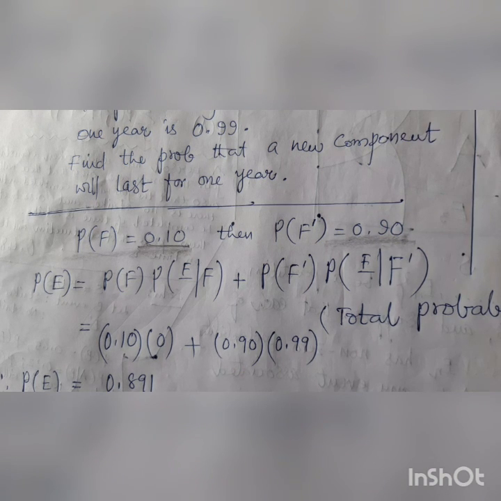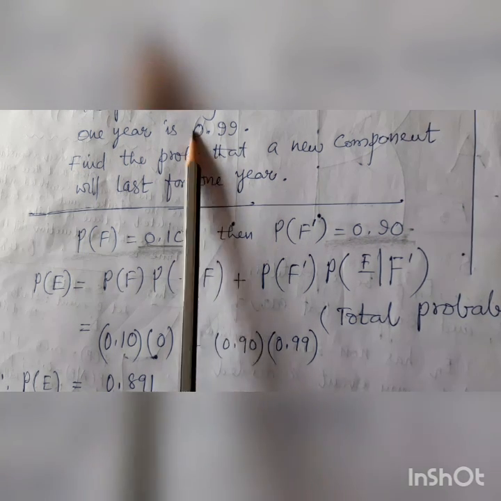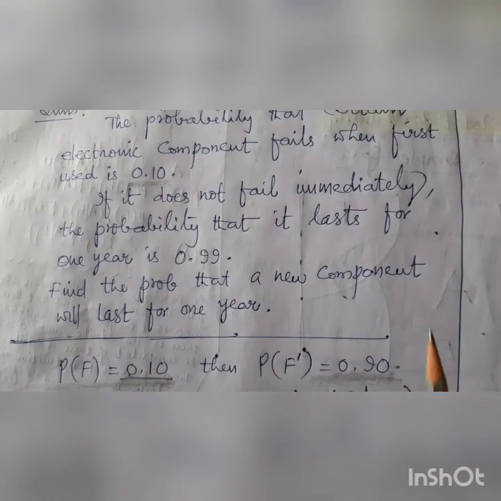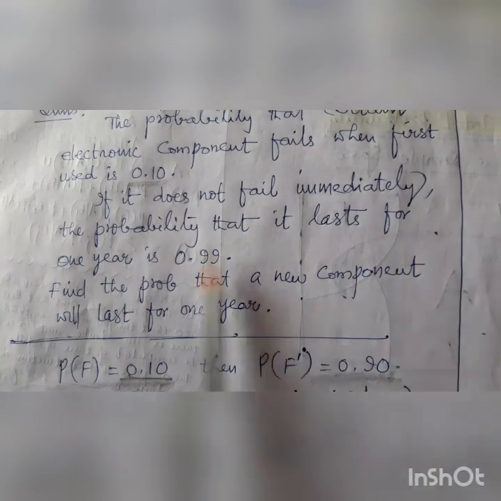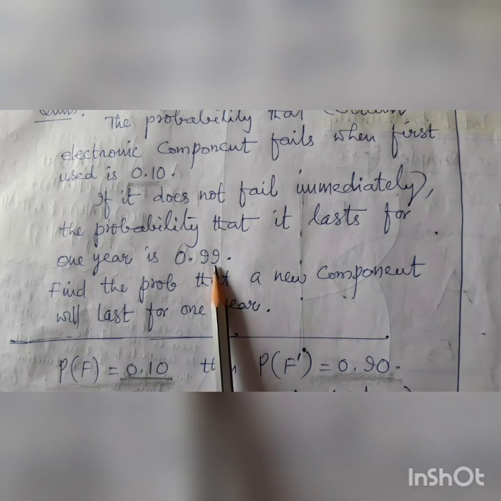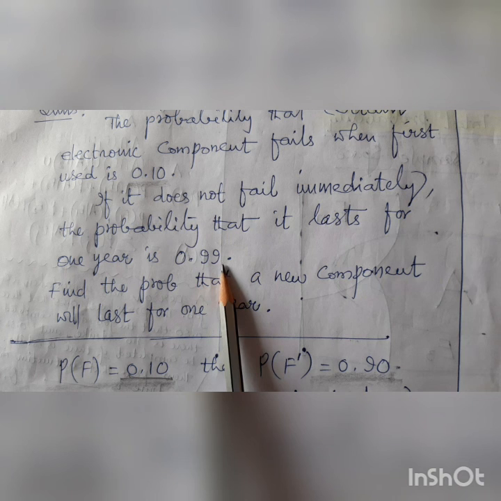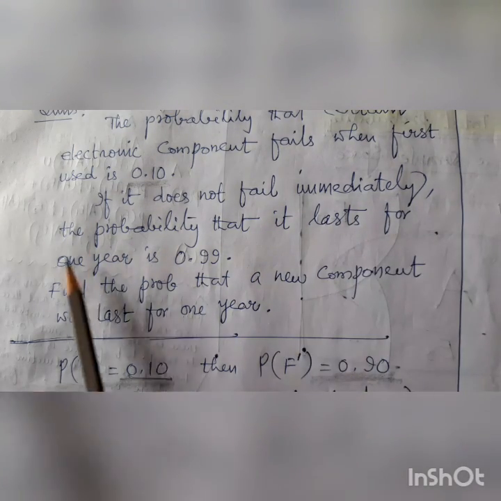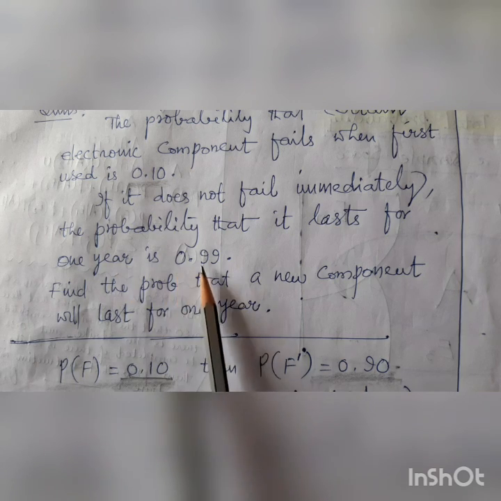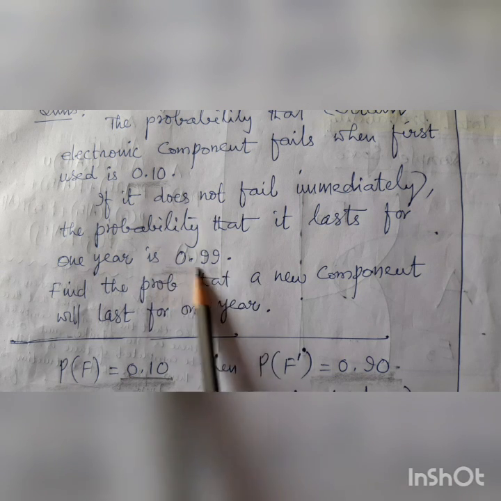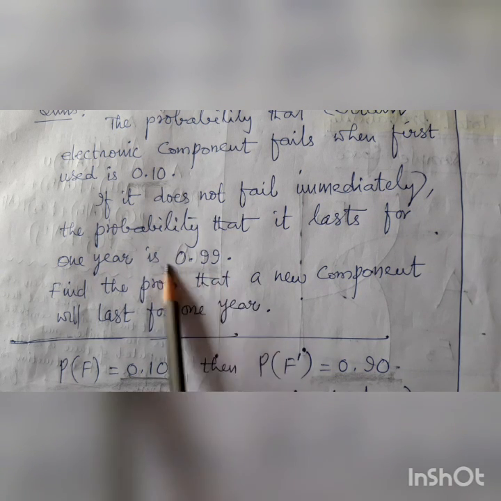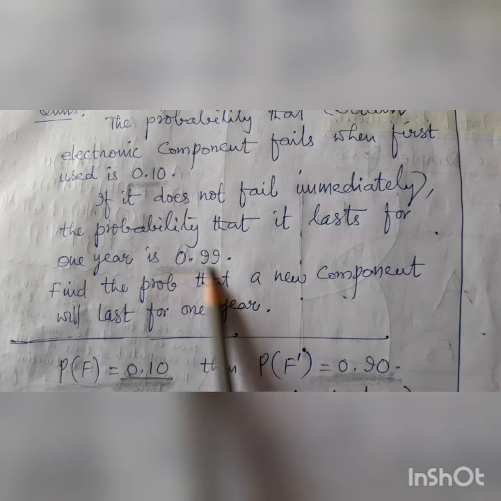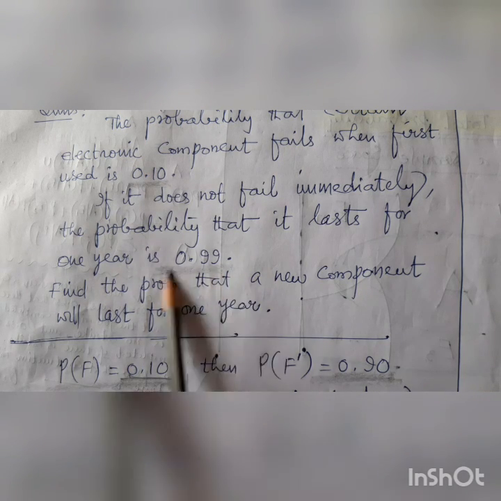Now, if it does not fail immediately, the probability that it lasts for 1 year is 0.99. This is the lasting probability, calculated by the company.